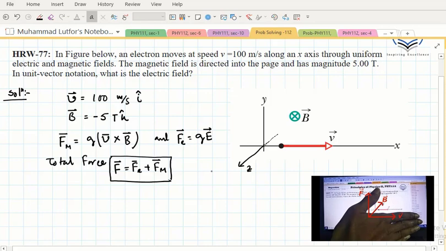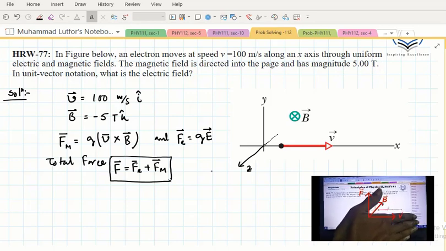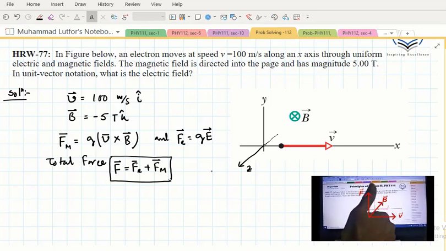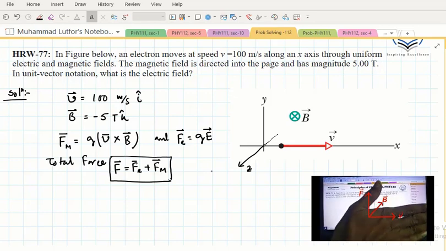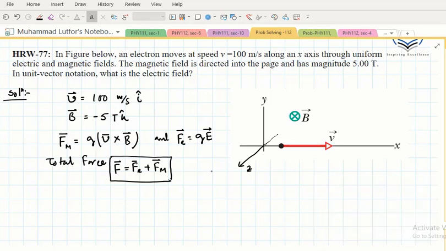Now if I rotate my fingers from velocity towards the magnetic field, my thumb points upward. That means the magnetic force on a charged particle would be upward. But this convention is for a positive charge.